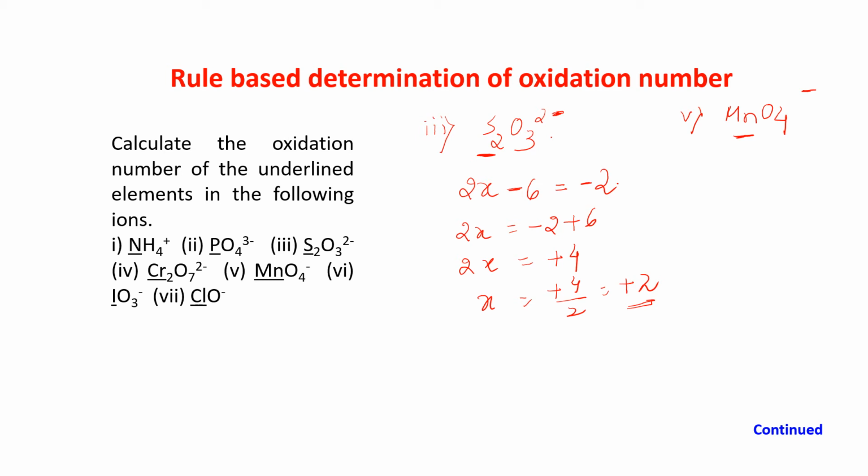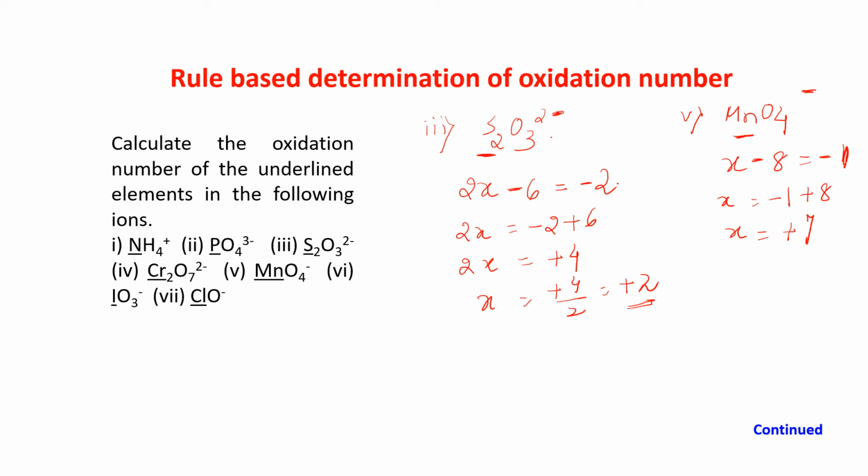Now let it be X. Oxygen is -2, so it will be -8, equal to -1, because the charge is minus. So X is equal to -1 plus 8, or X is equal to +7. So the oxidation number of manganese in MnO4- is +7.